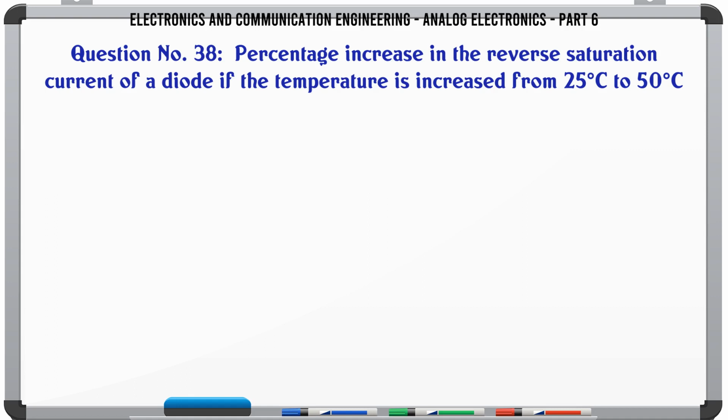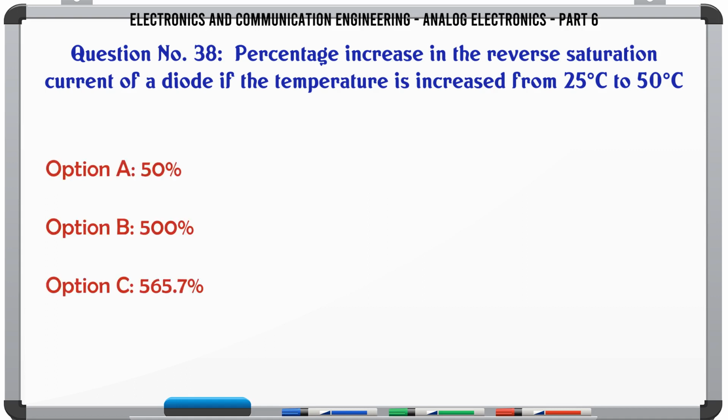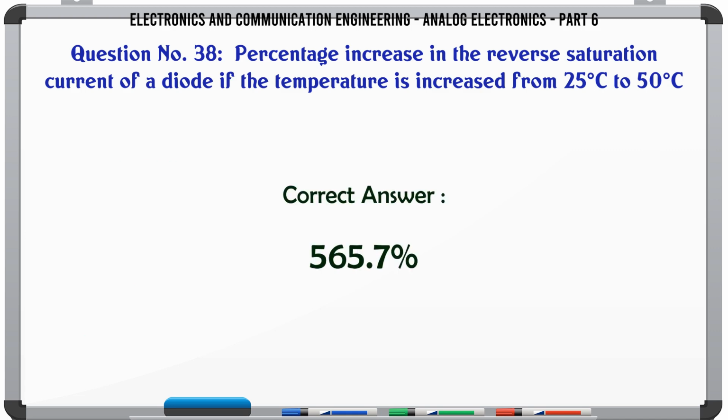Percentage increase in the reverse saturation current of a diode if the temperature is increased from 25 C to 50 C: A. 50, B. 500, C. 565.7, D. 575.6. The correct answer is 565.7.